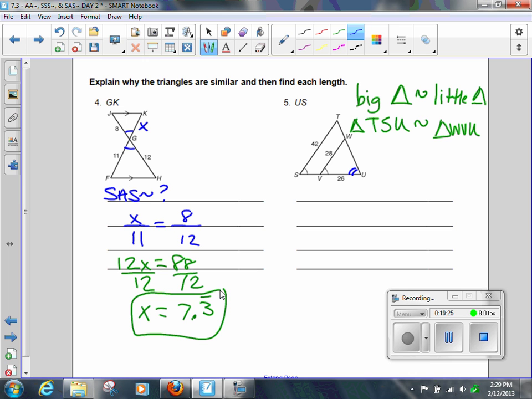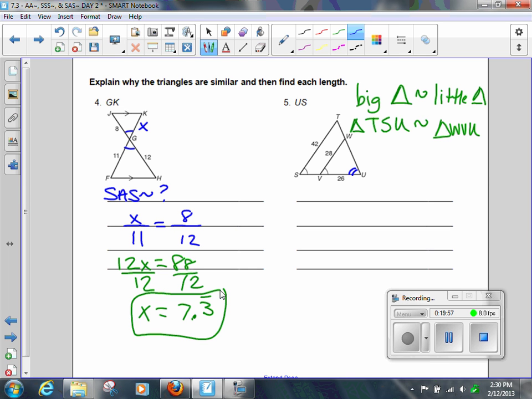Are these two triangles similar by angle-angle similarity, side-side-side similarity, or side-angle-side similarity?